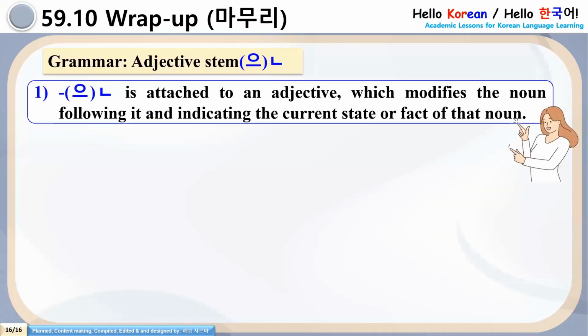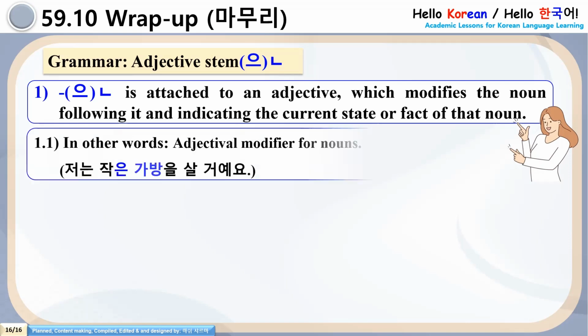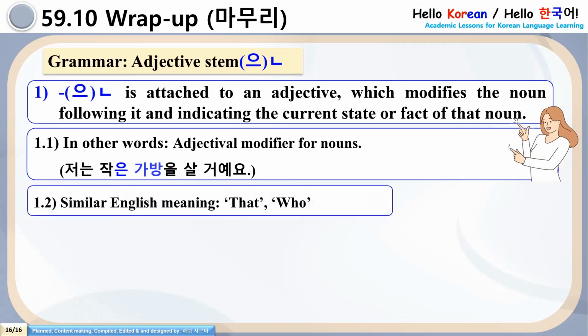It's time to do the wrap up now. Grammar un is attached to an adjective which modifies the noun following it and indicating the current state or fact of that noun. 1.1. In other words, it is also called adjectival modifier for nouns. If you memorize this one sentence, 저는 작은 가방을 살 거예요, this grammar will be over. 1.2.